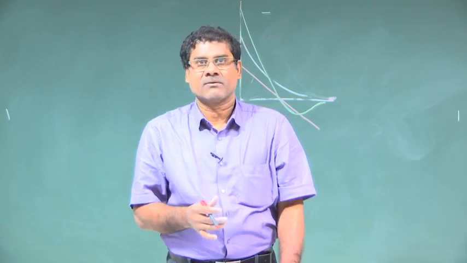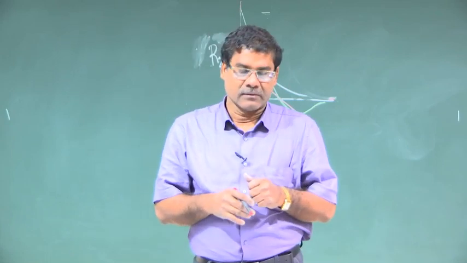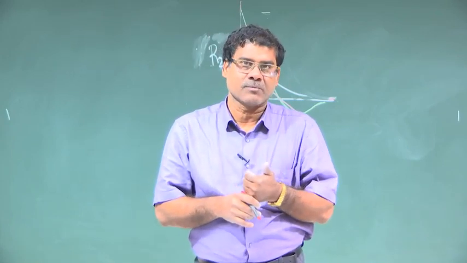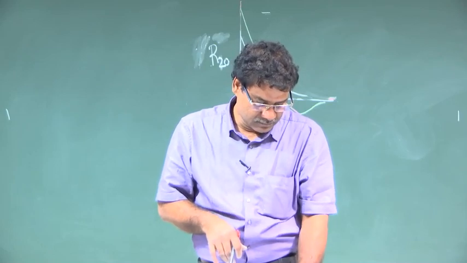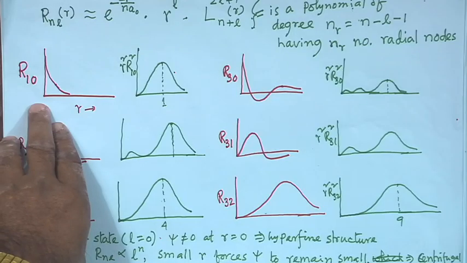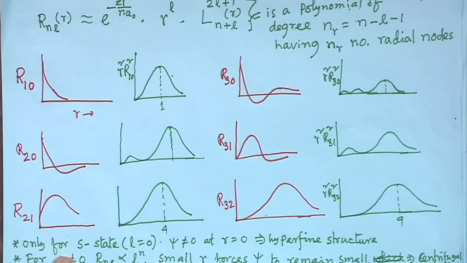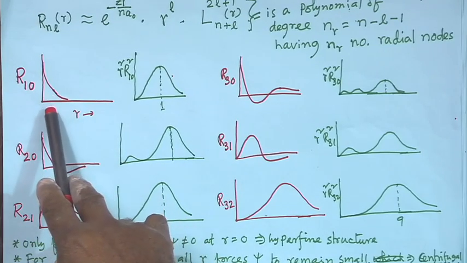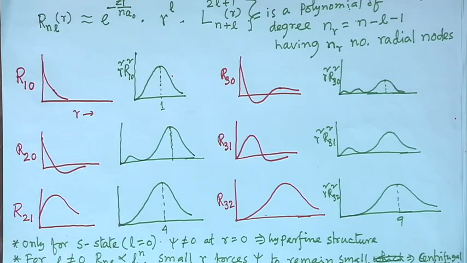For L equal to 0, there is a probability to find the electron close to the nucleus. So this wave function does not vanish for L equal to 0, and this is very important. Later on we will see that this is very important to explain the hyperfine structure.